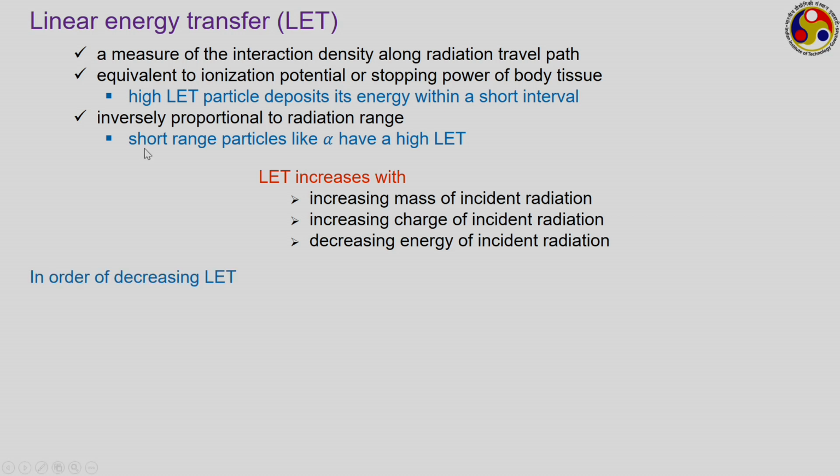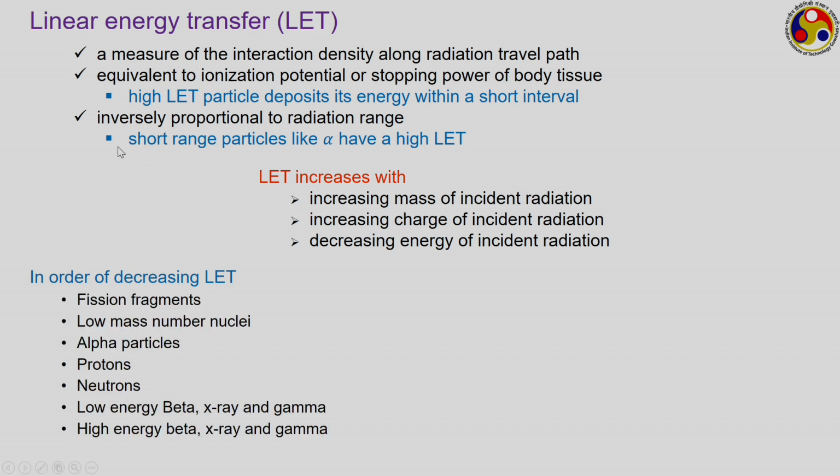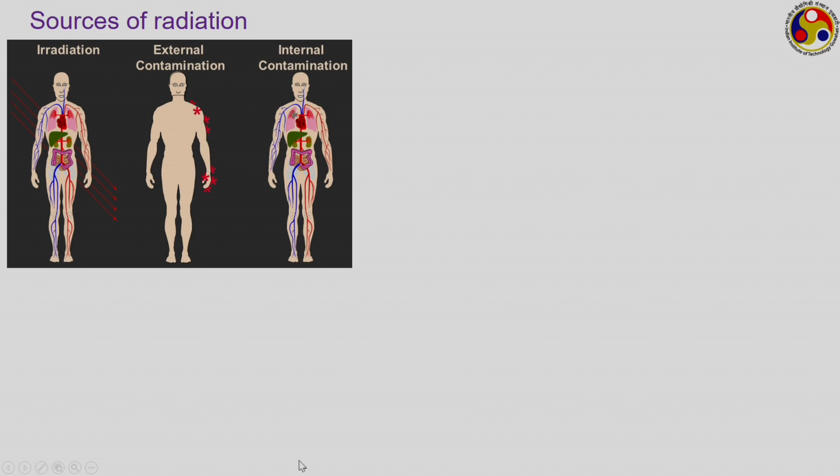In order of decreasing LET, fission fragments or low mass number nuclei have very small LET, then it keeps on increasing with alpha particles, protons, etc., and high energy beta, X-ray and gamma radiations have much larger LET, meaning they need to travel much longer to deposit the entire energy. Whereas an alpha particle, which is heavy and has a lot of energy content, can lose all the energy within a short interaction time.